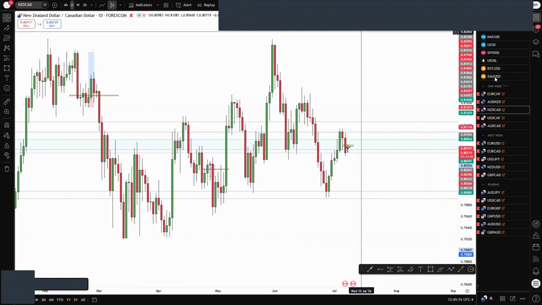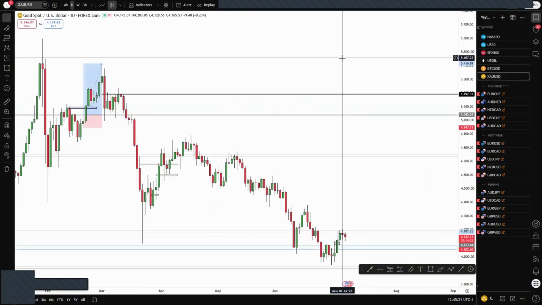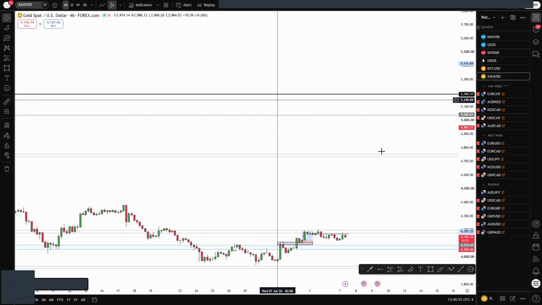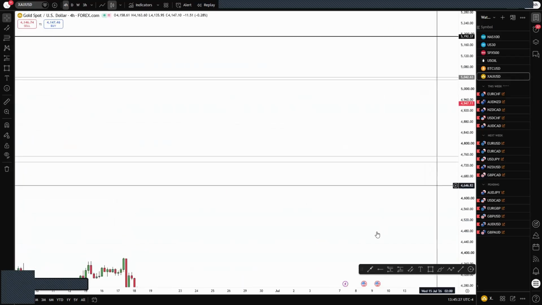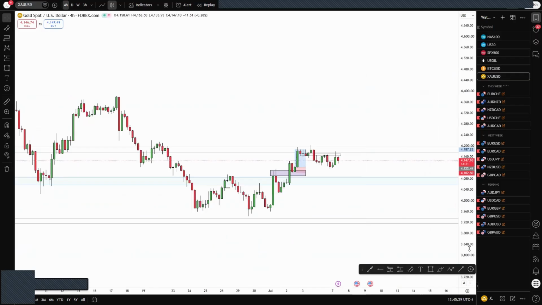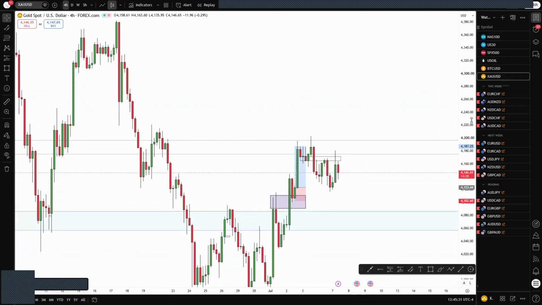ZAR USD. This is the pair that will make you question how people still catch buys and sells on this pair. Okay, the 4 hour is bearish, the weekly is bearish.